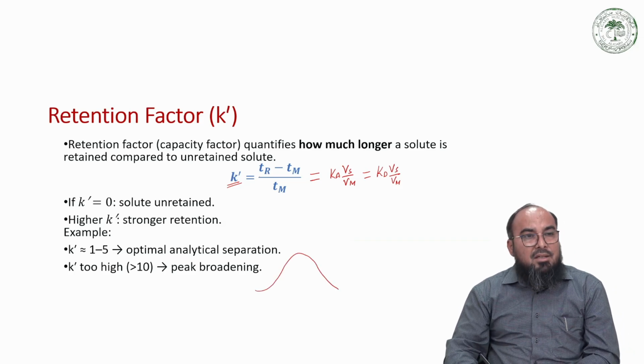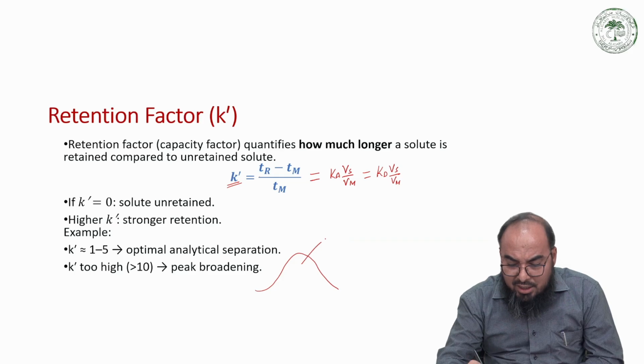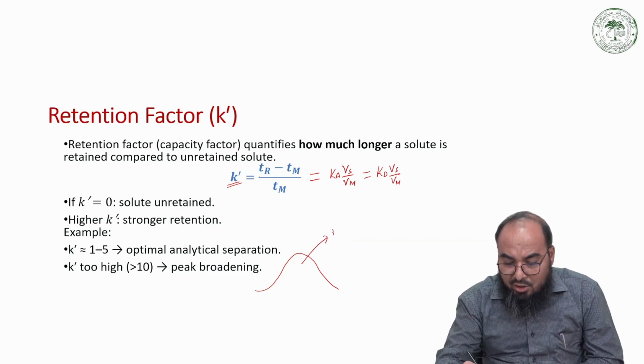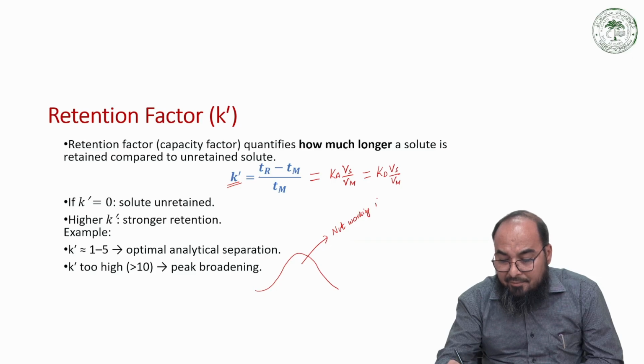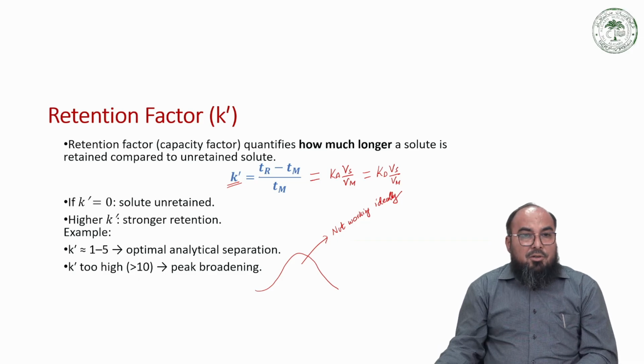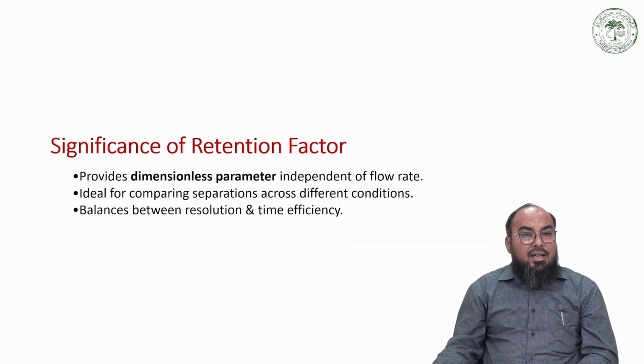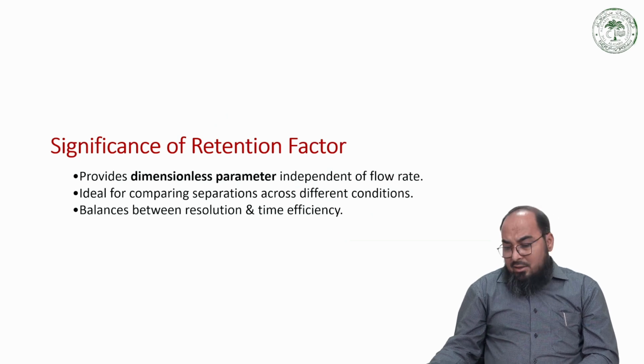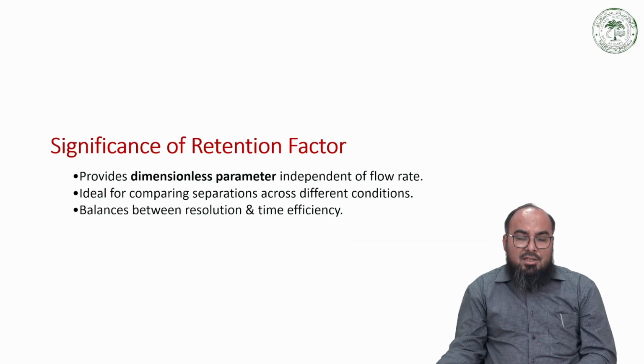And broad peak means that your column is actually inefficient, not working ideally. So the K value actually decides the utility or the importance of your separation. Now, what is the significance? We have seen that if the K value is 1 to 5, it is good.